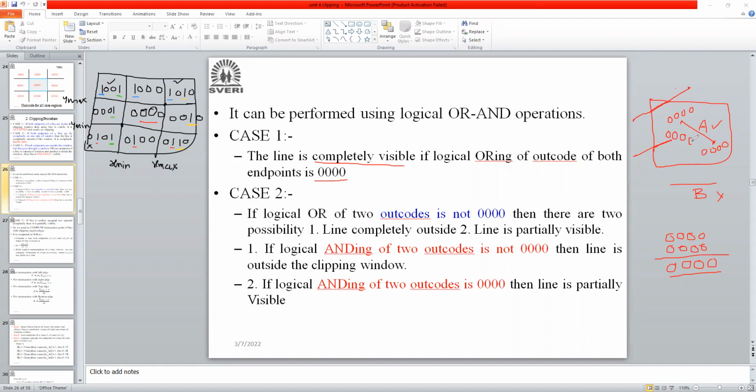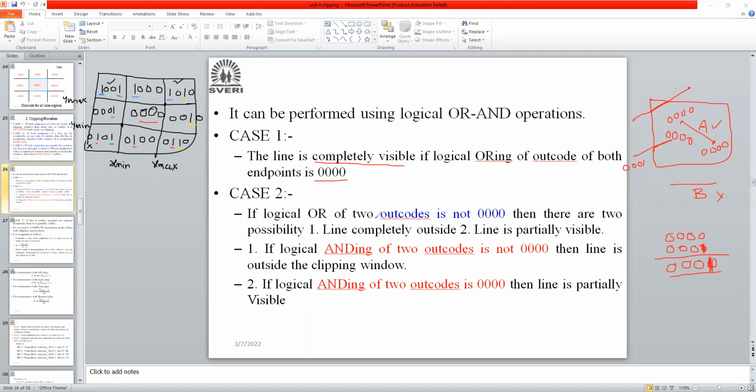The point which is inside will have the outcode 0, 0, 0, 0. And in this region, the left hand side region, the outcode is 0001. Now when I perform the ORing of these two numbers, 0000 and 0001, I get a non-zero result.